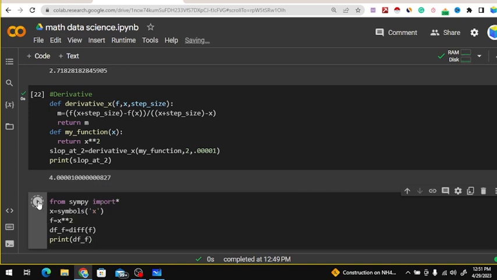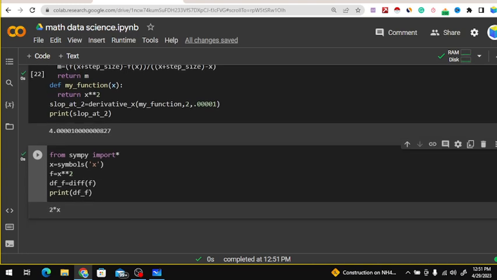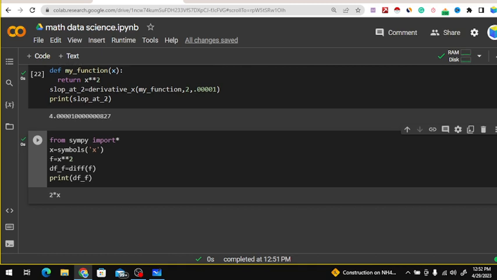Let's check it. Yeah, I have gotten the output, 2 to the power x.